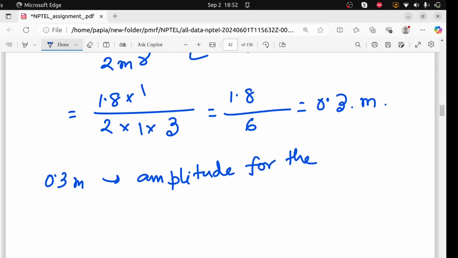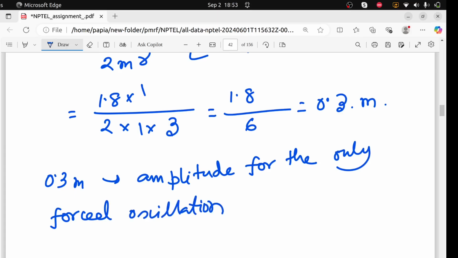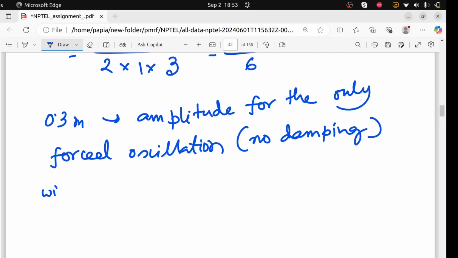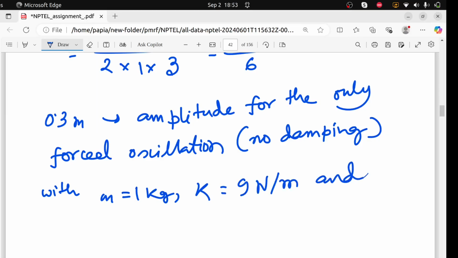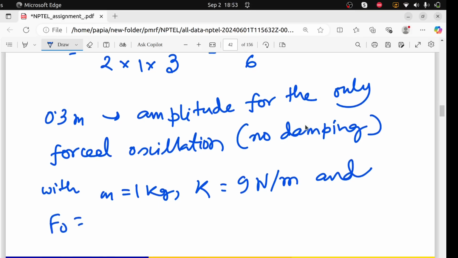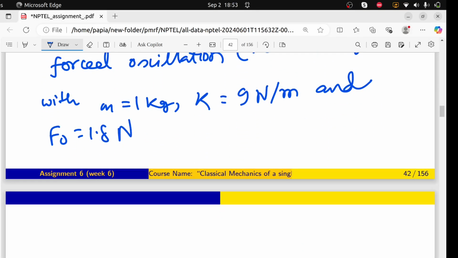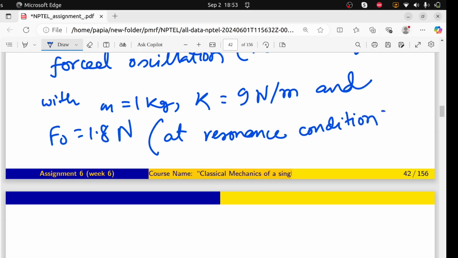for only forced oscillation, no damping, with m equals 1 kg, k is 9 Newton per meter, and f0 is 1.8 Newton at resonance condition.